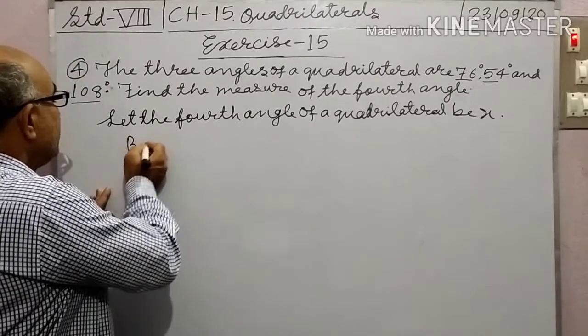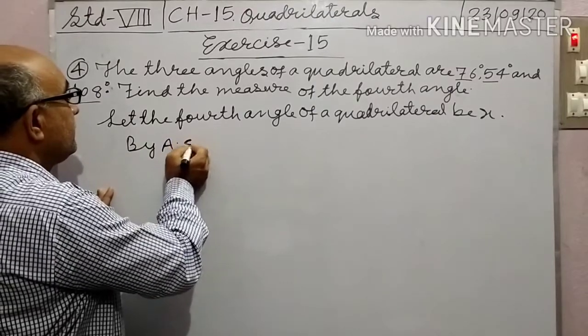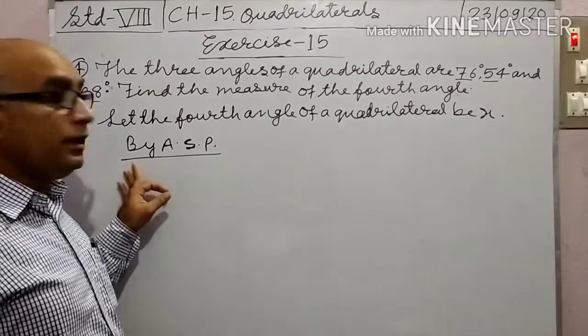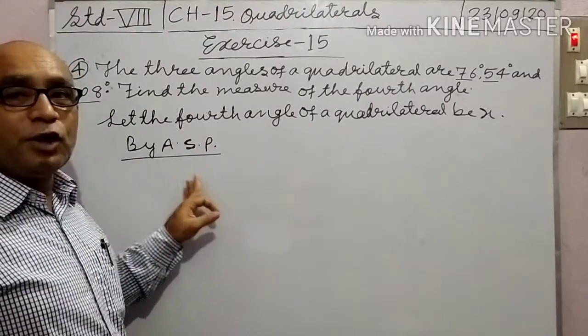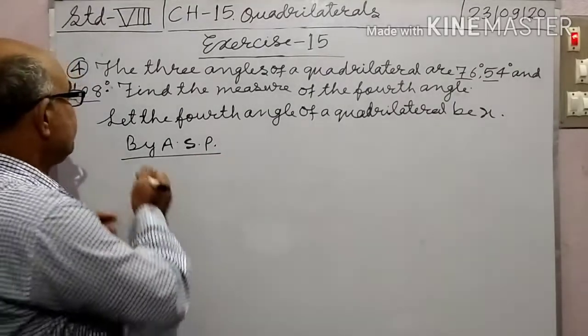So by angle sum property of a quadrilateral, the sum of the angles of a quadrilateral is 360 degree.